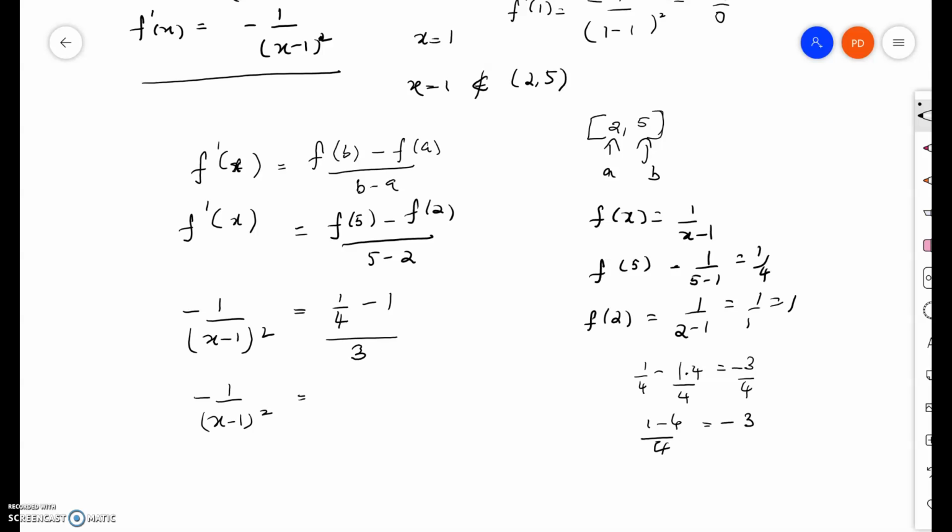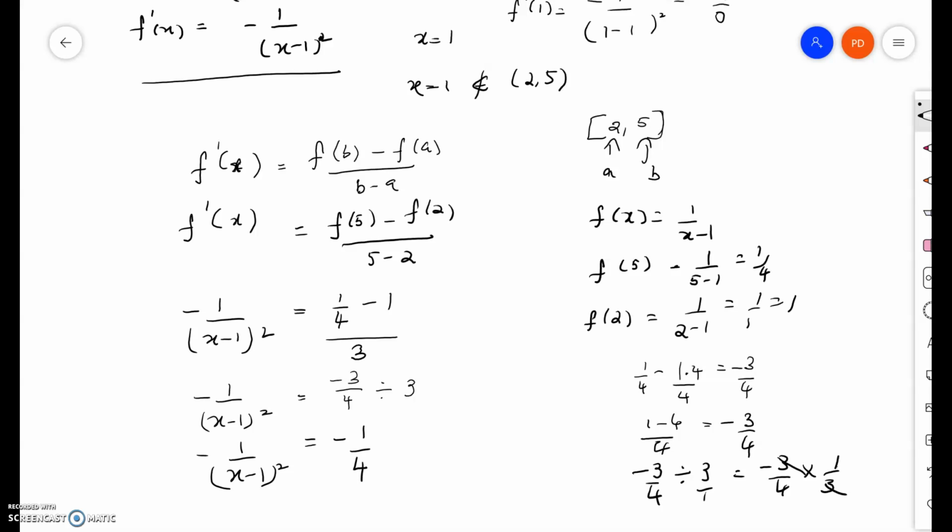Negative 3/4, I'm sorry, it's negative 3/4 divided by 3. So negative 3/4 divided by 3 is equal to negative 3/4 times 1 over 3. So the 3's cancel, and we have negative 1 over x minus 1 the whole squared, which is equal to negative 1 over 4.